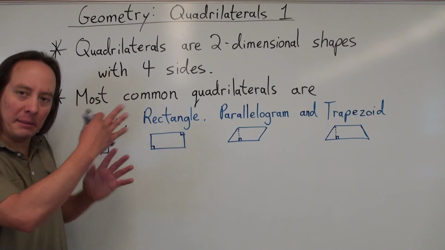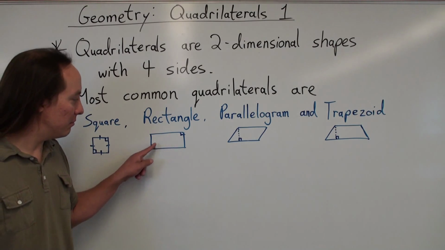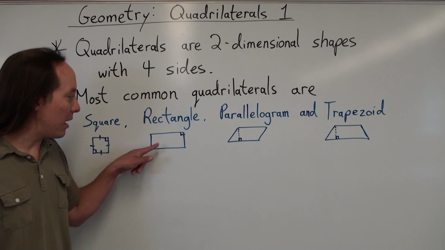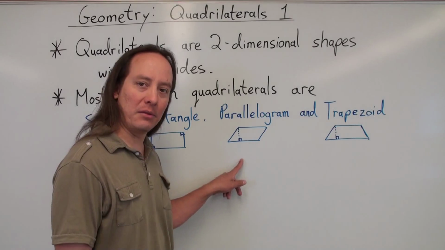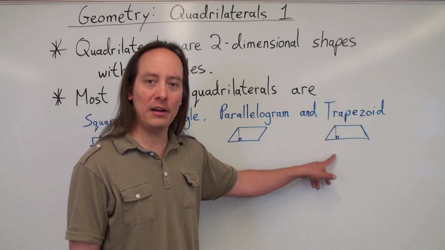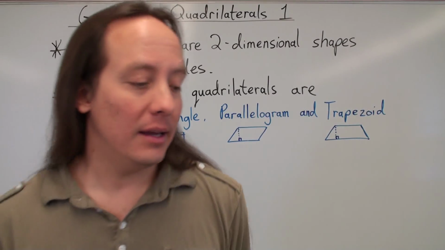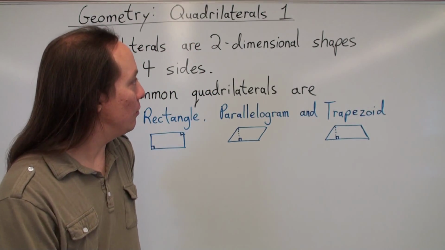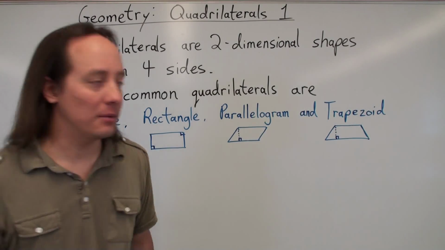I will be making them bigger later, but I did put little marks on the square, these little boxes in the corners. What do those mean? And I put this little dotted line with another one of those little boxes, and the same thing over here. What does that mean? Okay, we're going to be talking about that today. So, two-dimensional figure with 4 sides, okay?